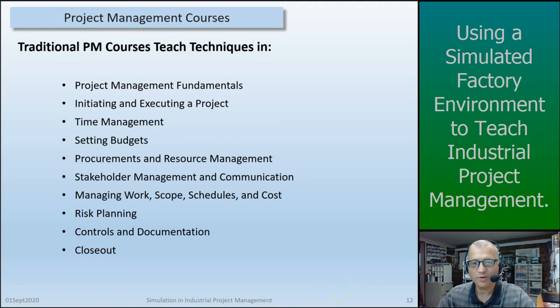Now there's a lot of paperwork to create in some of these courses, and much is just a theoretical exercise. I've had some of these courses and we generate a big document of some fictitious project and try to iron out our project management skills this way. Now there's nothing wrong with that, but I want to apply these skills to industrial project management, and based on my experience, it doesn't always flow over very well from traditional project management to industrial project management.